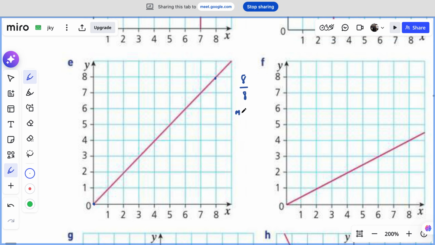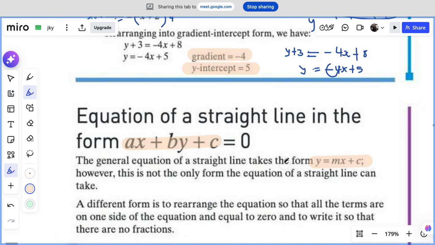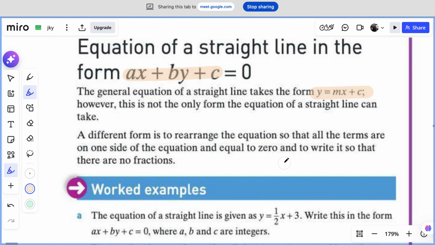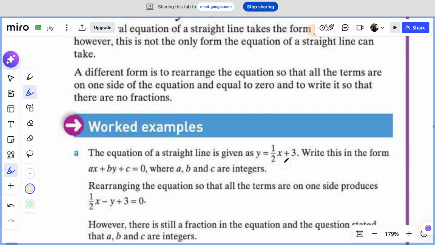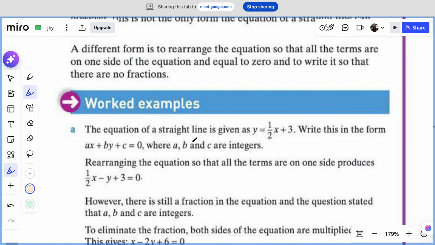You must remember the formula. This is the formula we learned for gradient, right? And gradient is represented by m. So we just write m equal to this formula. Now, what is the meaning of y2? Meaning the highest point, trace it to the y value, which is 4.